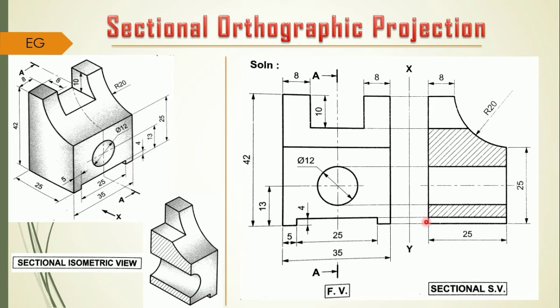So from this point you have to draw one horizontal line parallel with this baseline, and it has a height of 4 mm. So at 4 mm you simply draw this horizontal line, or you may take the projection from your front view. So this is your straight line. Then further on you have the rest of the portion. This is actually overall 25 minus this 12, so the remainder is 13.